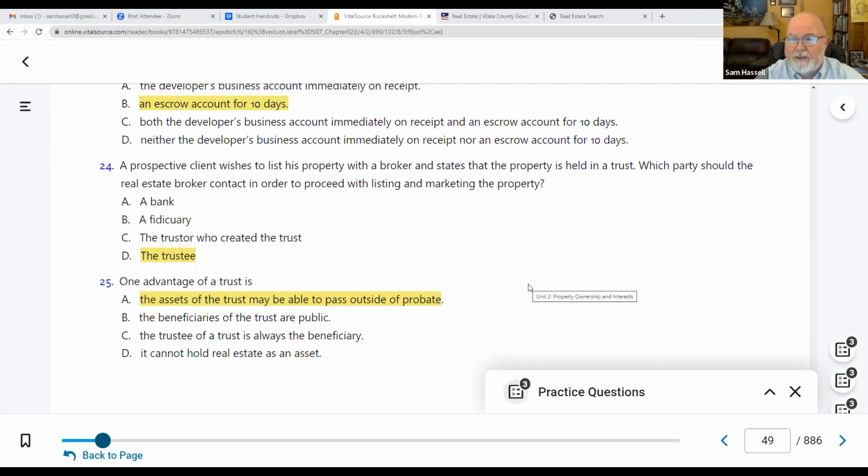What's the difference between a trustee and a fiduciary? Not much, honestly. A fiduciary is in a position of trust and confidence. Somebody's trusting you to do something. You're going to be a fiduciary when we start talking about agency in Chapter 7.